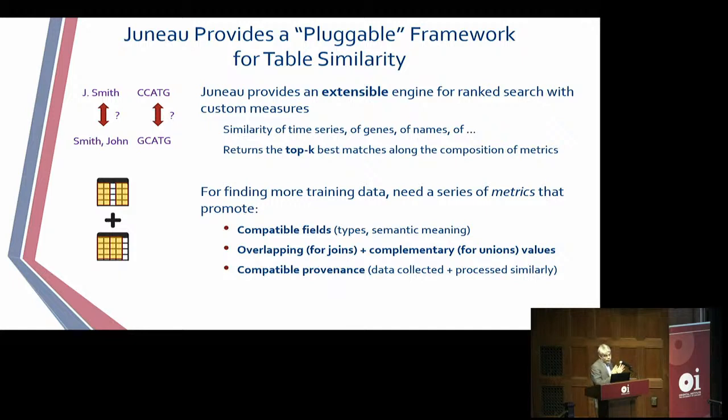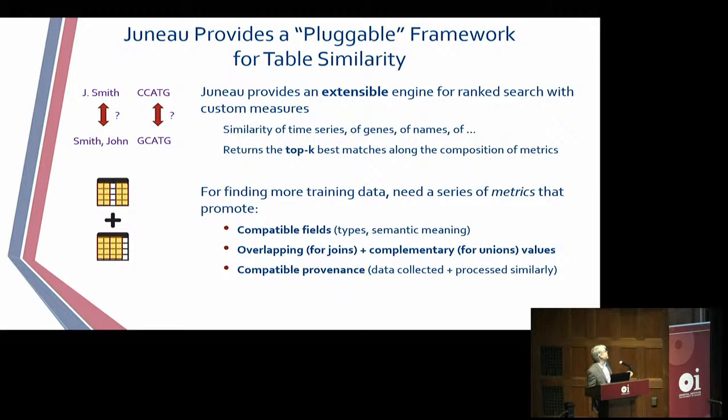Now, we've tried very hard to do this in a pluggable, extensible way. I mean, that's what computer scientists try to do. So one of the challenges that we've learned from data integration is no matter how many individual algorithms and features you build in, somebody always has a data type that requires some unique knowledge. So you have to build a system that's really a framework for plugging in those domain-specific things.